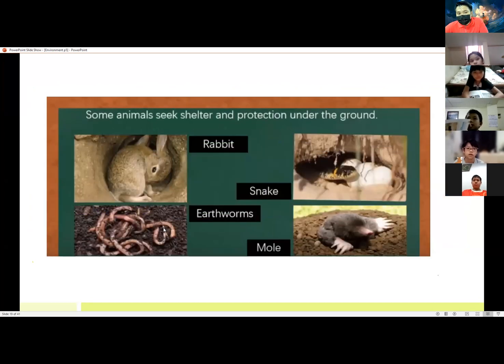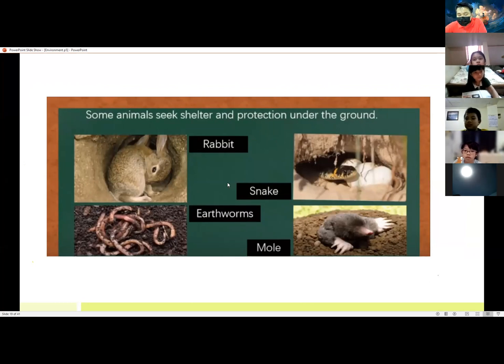Next, some animals seek shelter and protection under the ground. We have the rabbit, snake, earthworms, and moles. What is the name of the shelter of these animals? Burrows. Okay, that is the burrows.